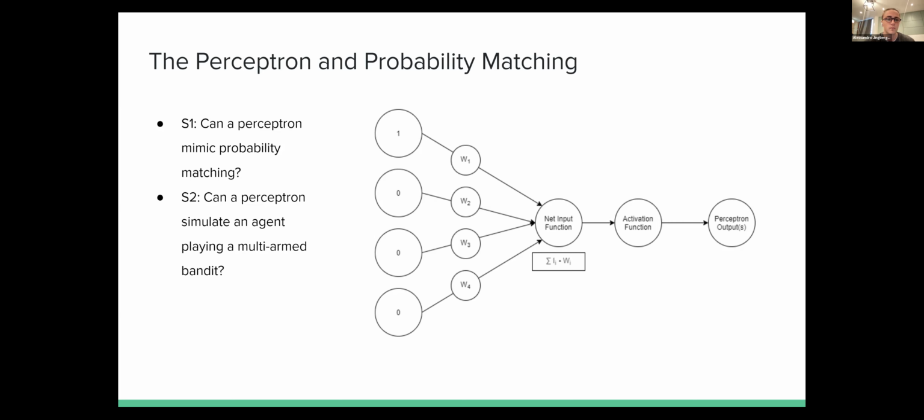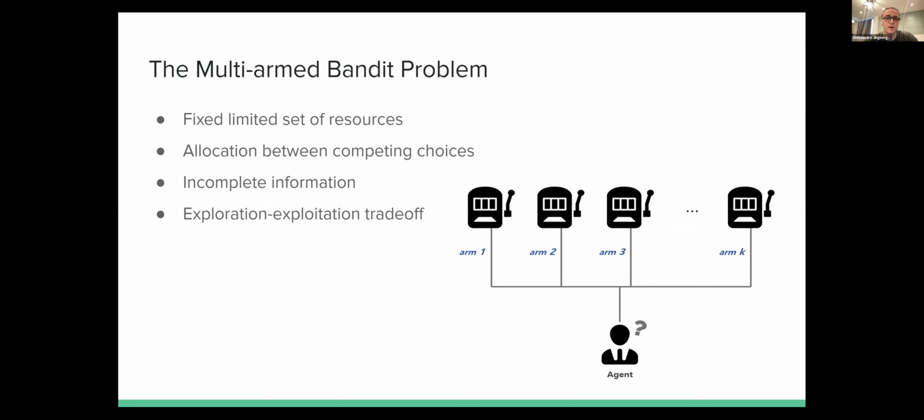This is a problem of choice behavior in which an agent must allocate a fixed limited set of resources between competing choices in a way that maximizes their expected gain, but each choice's reward is unknown at the start. An example is if a player went to the casino and was faced with, for example, 4 slot machines, and he could pull one lever, one machine at a time, and would learn by pulling the levers what the probabilities of reward were for each machine.